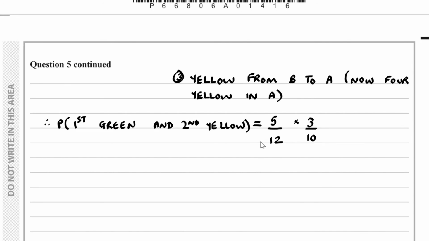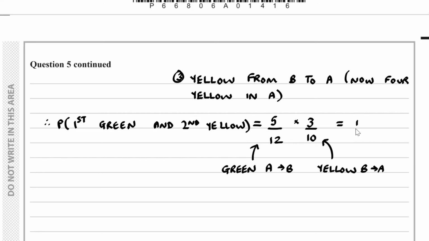So what am I working out here? Well, here I am working out a green from A to B. And here I've got a yellow from B to A. So what do I get?